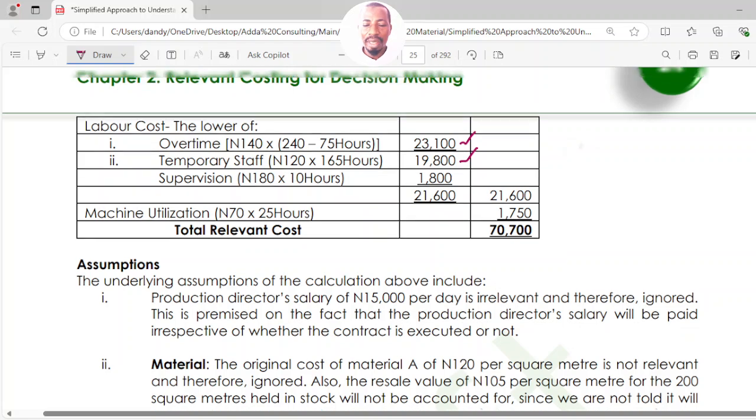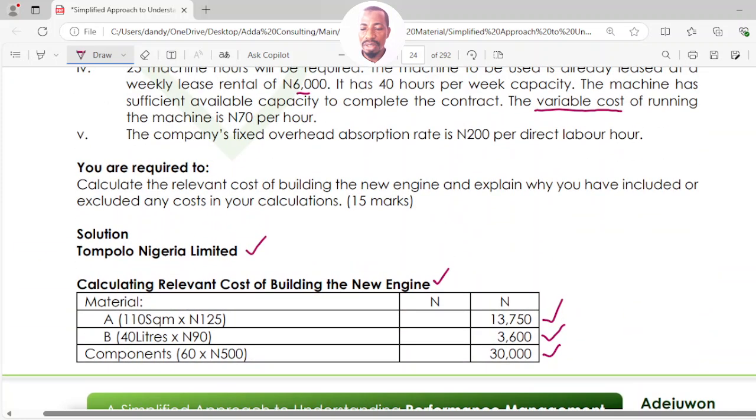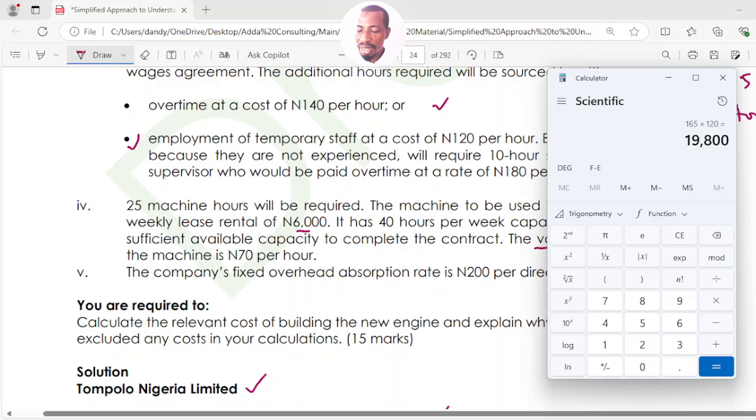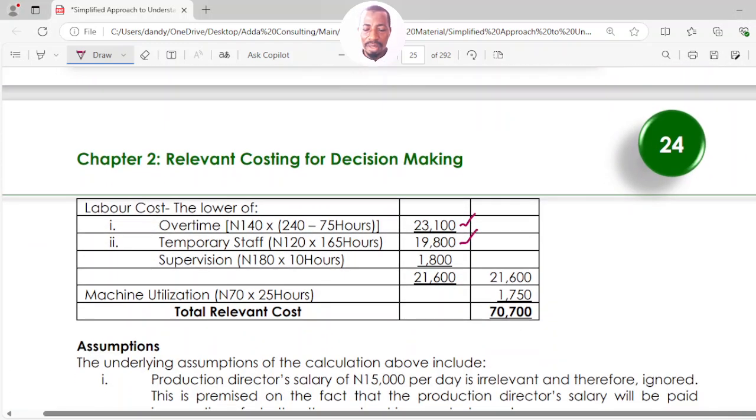You are now told that because the temporary staff is inexperienced, the job will require 10-hour supervision by the assistant supervisor at a cost of 180 naira per hour. Therefore, I would say 10 hours multiplied by 180 naira. That will give us 1,800. So it's an additional cost. So I will now add it to the temporary staff. So the total we require is 21,600.